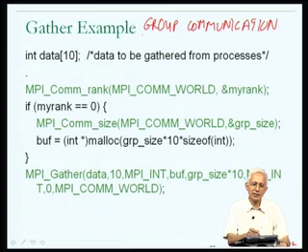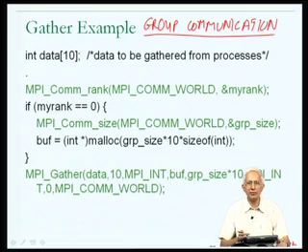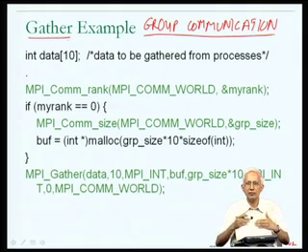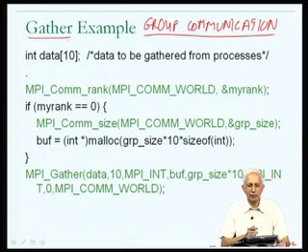MPI fortunately provides us with a single function which can be used for a process to communicate with a group of processes, and there could be 100 or 1000 processes within that group. One such example is the gather group communication function, through which data can be collected from each of the individual processes from the parallel program into one of them, and that is why it is known as a gather.